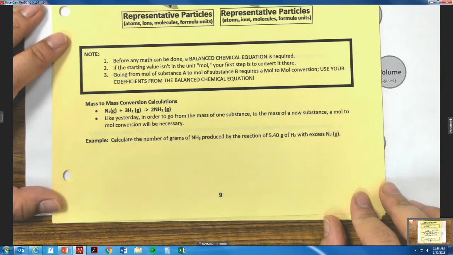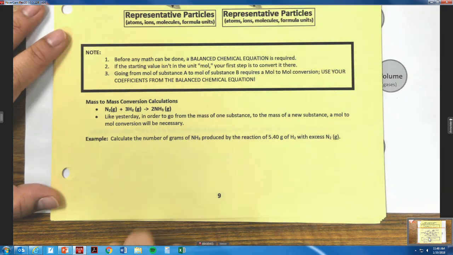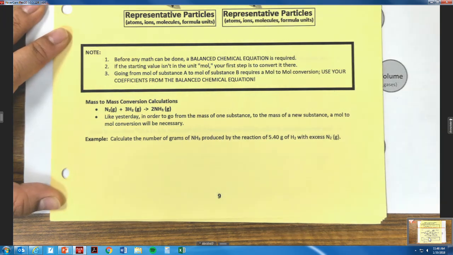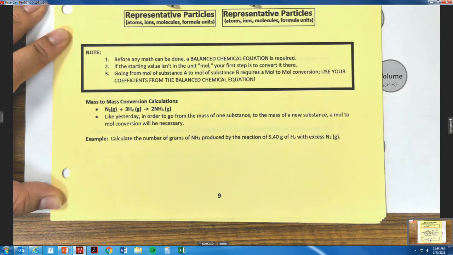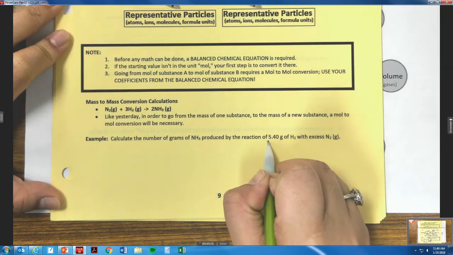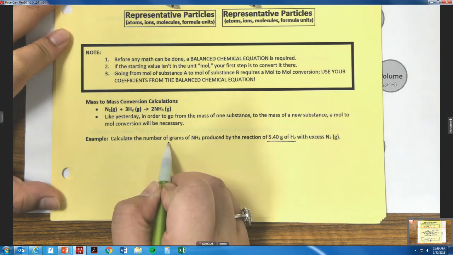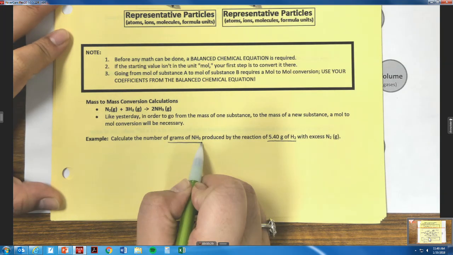It says, calculate the number of grams of NH3 produced by the reaction of 5.40 grams of hydrogen with an excess of nitrogen. Your given is 5.40 grams of hydrogen, and what we're trying to find is grams of NH3.